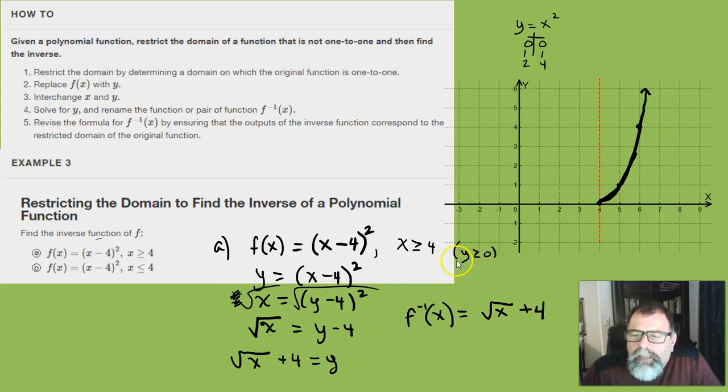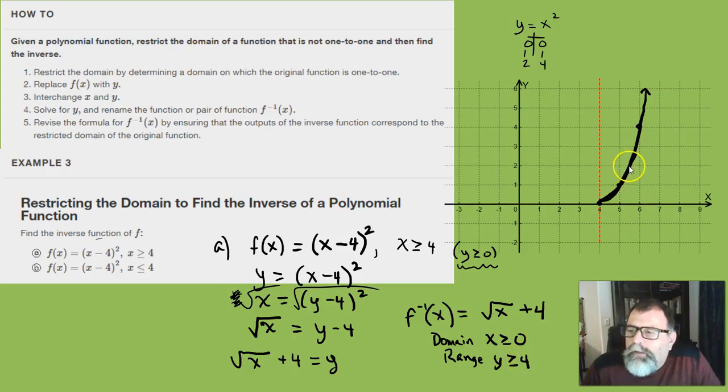And then the domain for the inverse will be the range of the original one. So the range is from 0 to infinity. So our domain is x has to be greater than or equal to 0. Okay? And then the range is going to be this one: y has to be greater than or equal to 4.